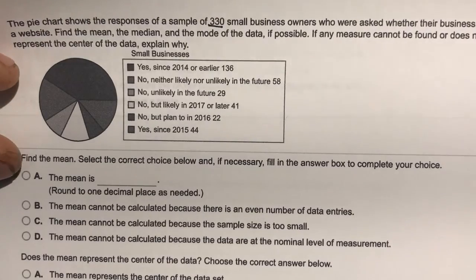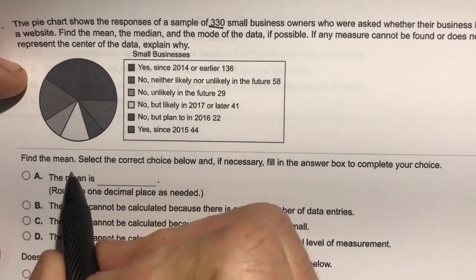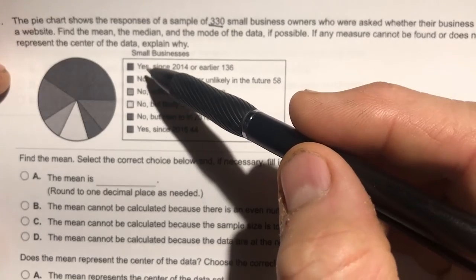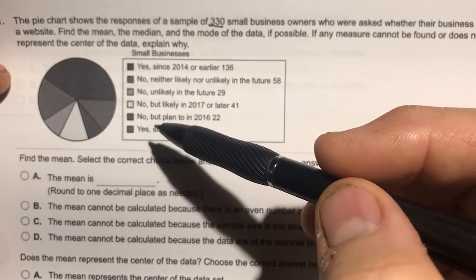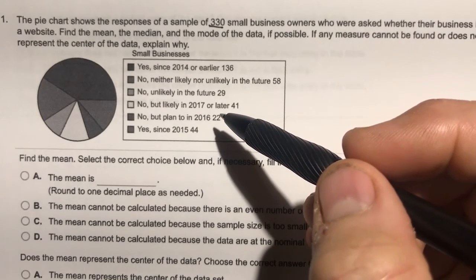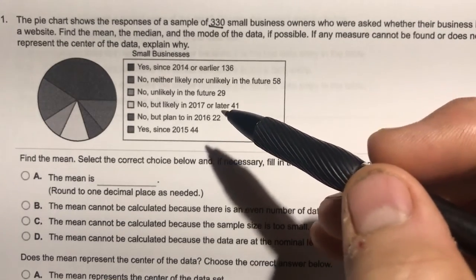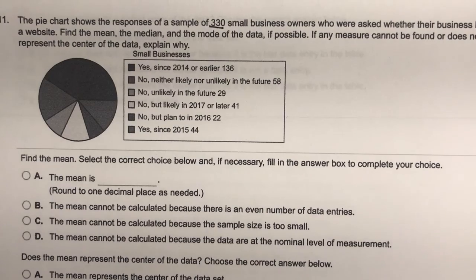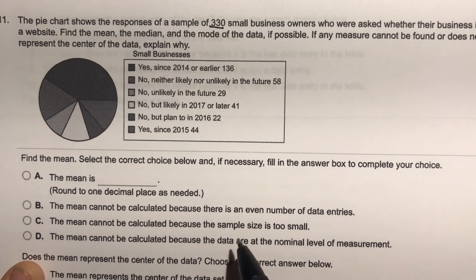Okay, so find the mean. Well, this is a yes or no question, if you have internet or not. It cannot be calculated because right here, it's at the nominal level again.